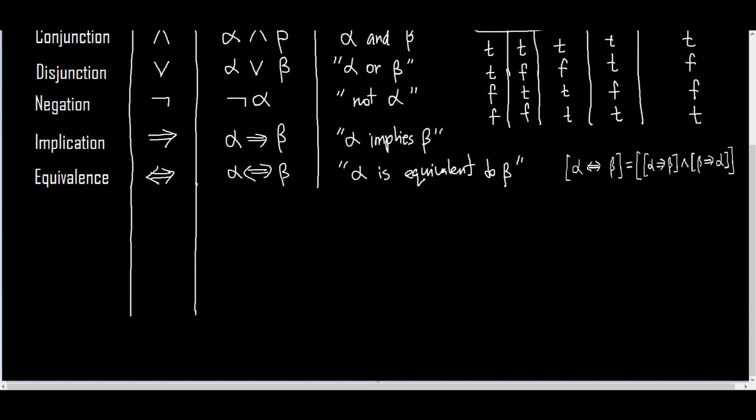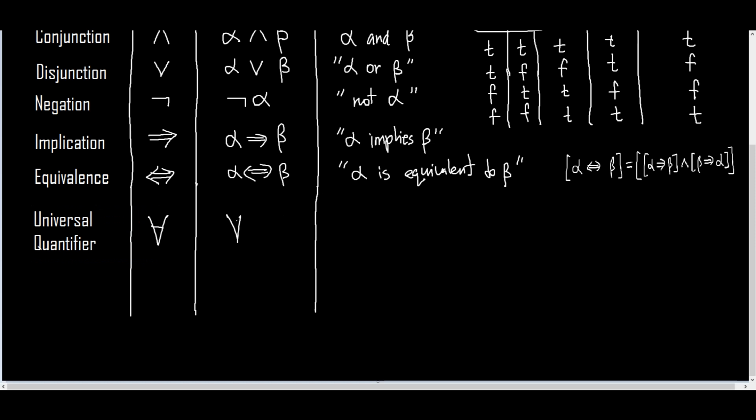So the next one we will have here is called the Universal Quantifier. And the symbol for it is this, upside down A. And here is how we use it.